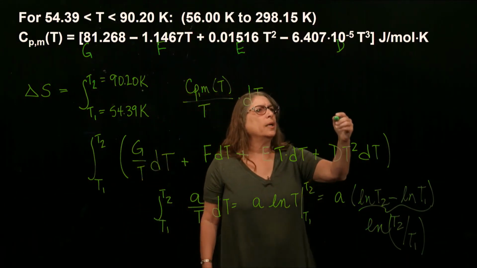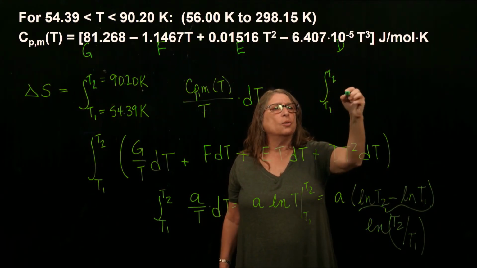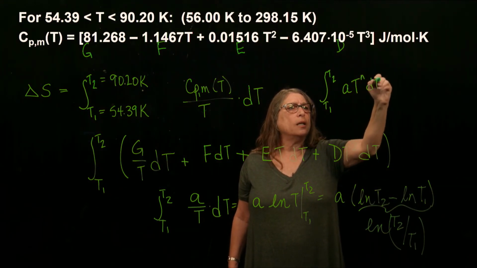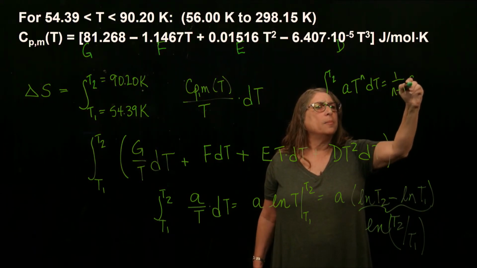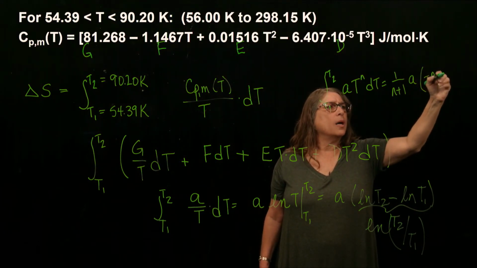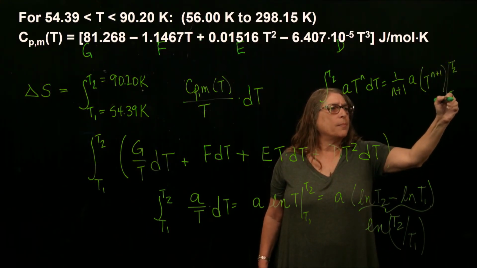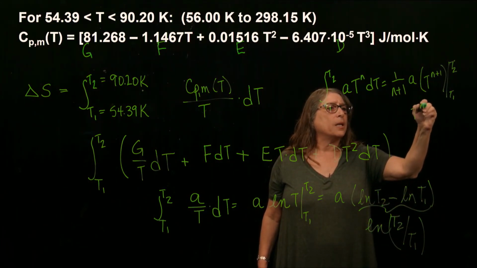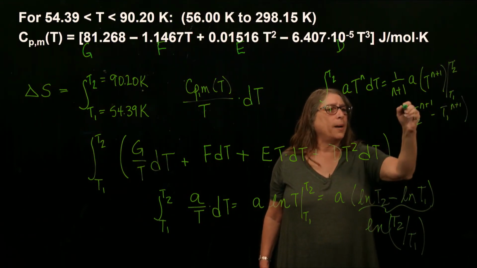And then the last one, and I'll put it over here, is that the integral from T1 to T2 of a T raised to any power n dT is equal to 1 over n plus 1 times a T to the n plus 1, the second temperature minus the first temperature, and that lets us evaluate this, or T to the n plus 1, T2 minus T1 raised to the n plus 1 power.